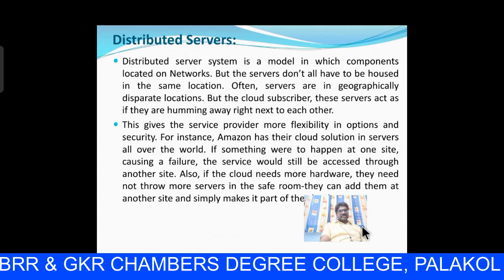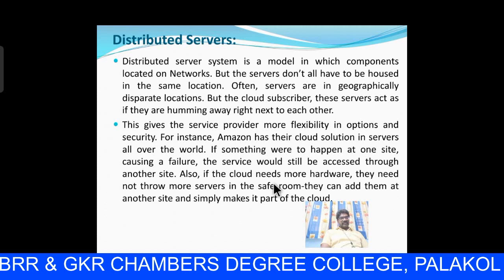Distributed servers. A distributed server system is a model in which components are located on a network, but the servers do not all have to be hosted in the same location. Often servers are in geographically disparate locations, but to the cloud subscriber these servers act as if they are talking to each other. This gives service providers more flexibility, options and security.